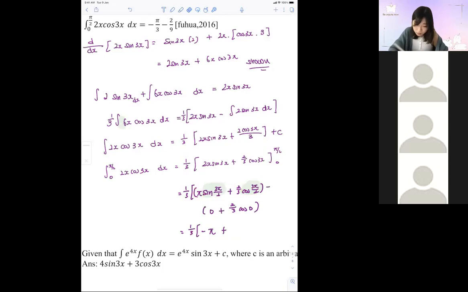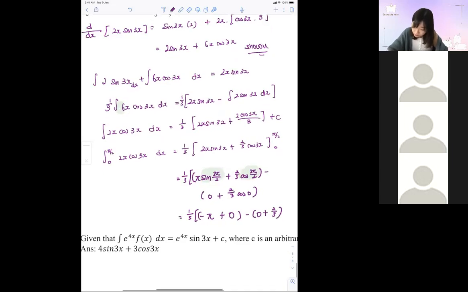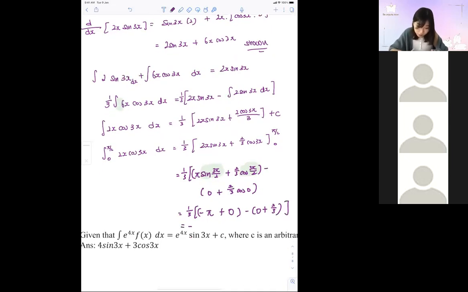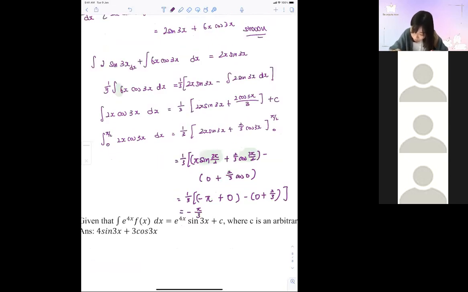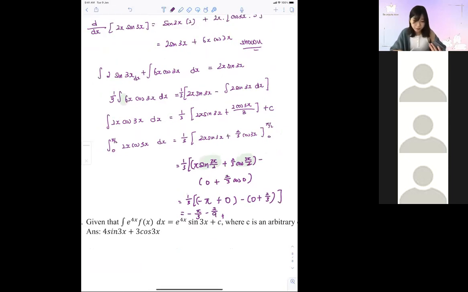So this is just 0. Cosine 0 is 1. So answer.